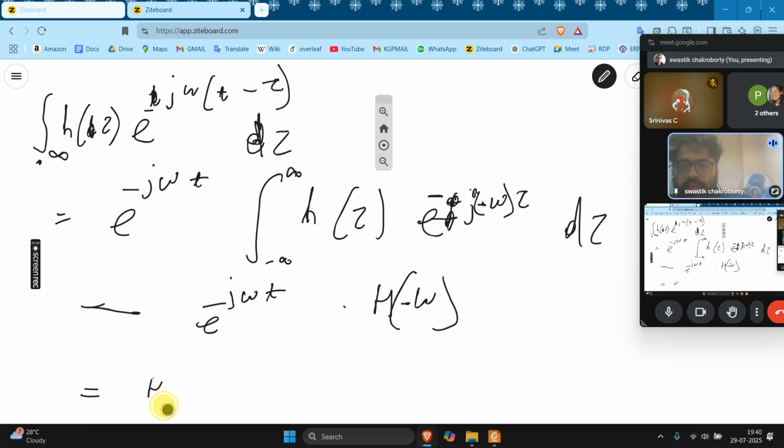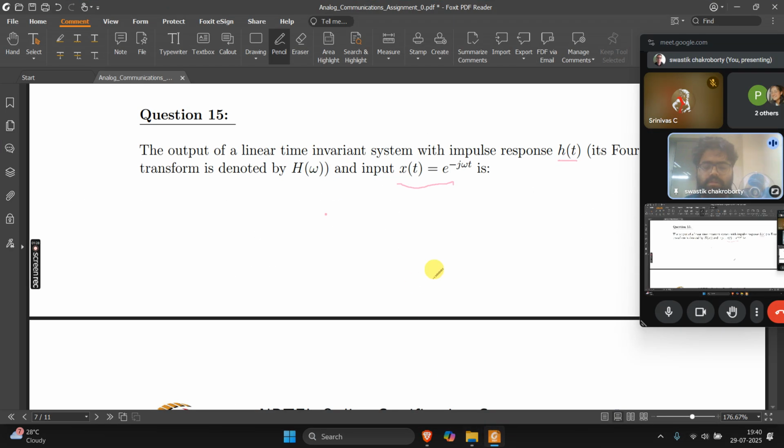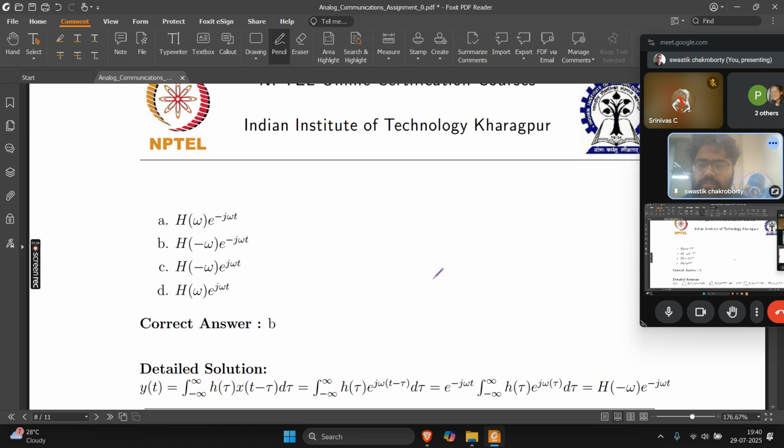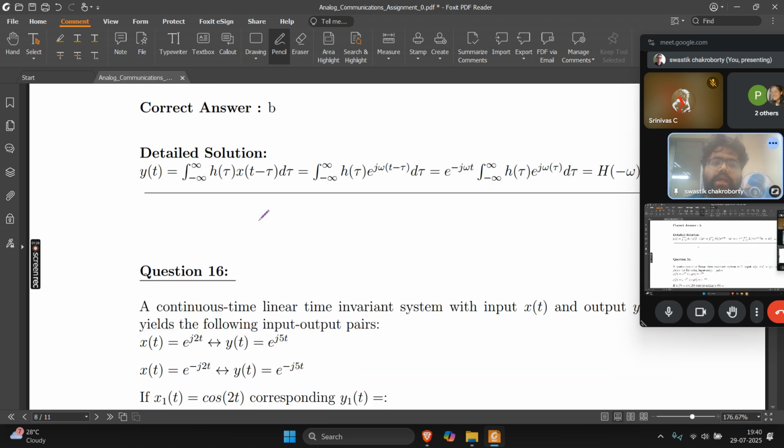So it will be H(minus omega) e to the power minus j omega t. Yes. Is it clear? You just take e to the power minus j omega t out, and then you have the definition of Fourier transform at your hands.